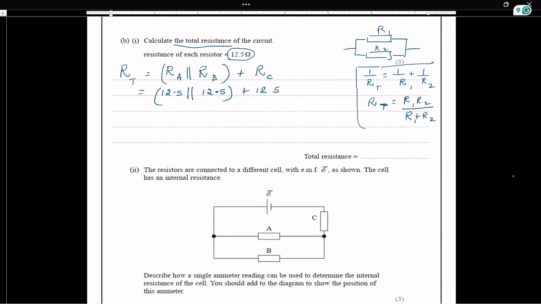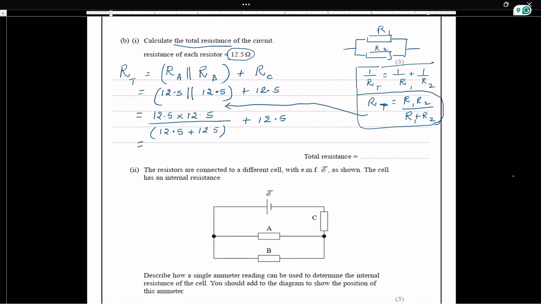So I'm going to use this rule here. This is 12.5 times 12.5 over the sum of 12.5 and 12.5, plus the series combination of another 12.5.